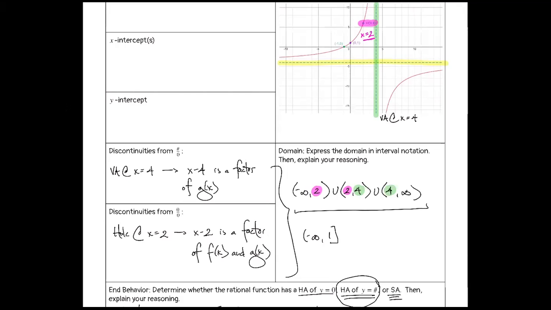So we're going almost up to 2. We're taking a small break for the hole, and then we continue on the other side of 2, all right? And we do the same thing when we get to the vertical asymptote. We pick one side of the asymptote and then the other side of the asymptote, okay?